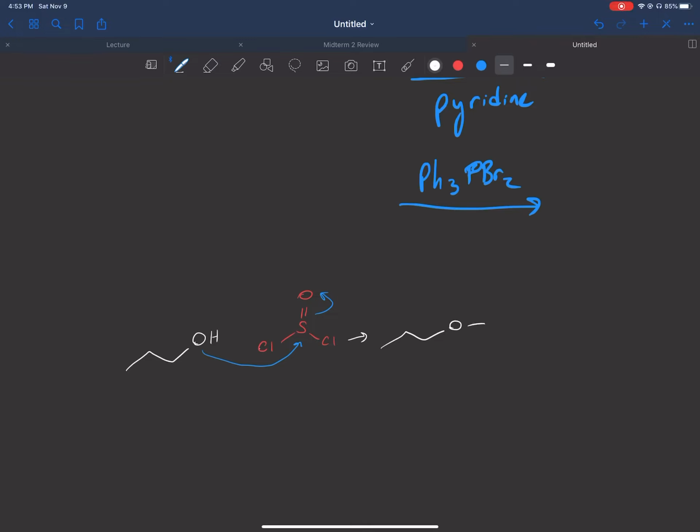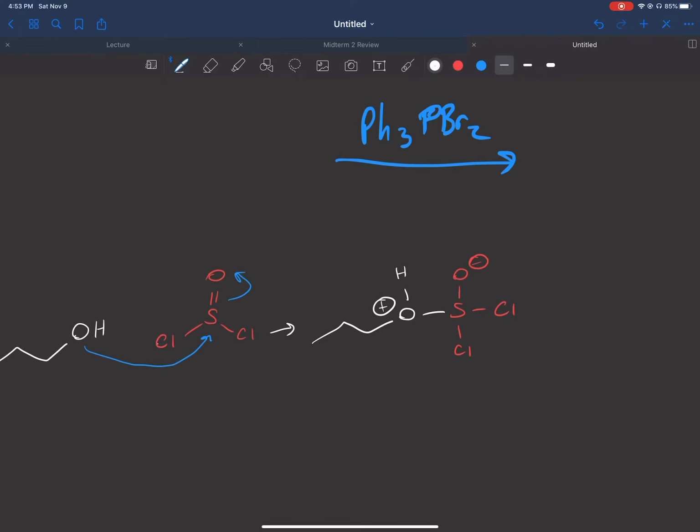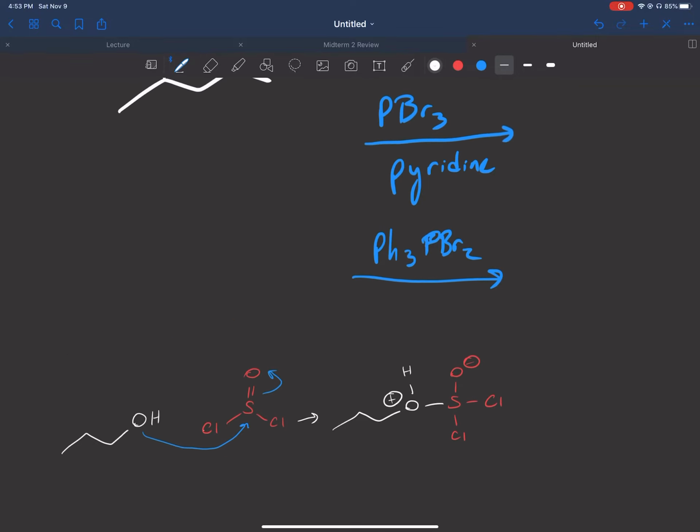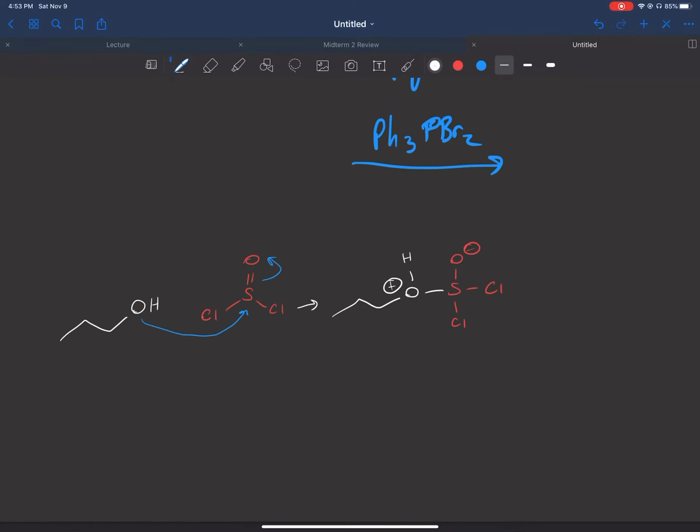And now we get this, and we have the H still here, giving this a plus charge. And so now again, our pyridine, that base that we're still using, grabs the H, and we get this.